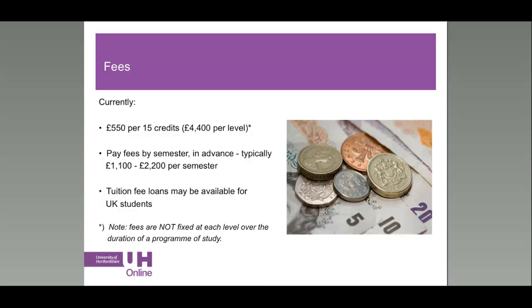At this moment in time, what is available for students is to pay fees per module that they study, and another thing that is available is the opportunity to pay the fees in monthly installments. There are also tuition fee loans available for UK students, and it should be noted that fees are not fixed at each level over the duration of a program of study.